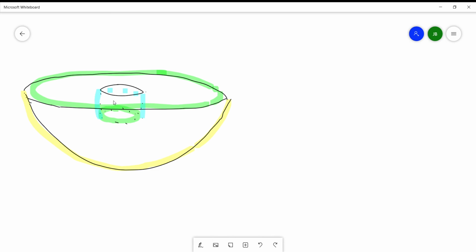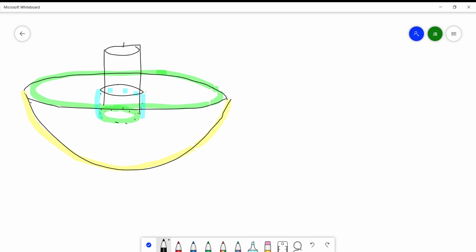However, it asks us what's the surface area of the amount of the candle that sticks out. Let's go ahead and draw that candle, why not? So the candle is going to be like this. There's our candle. And it's going to have a radius of 2 centimeters.